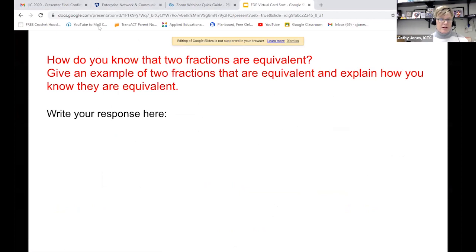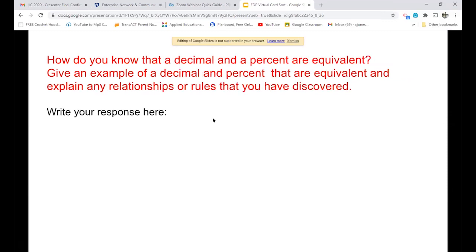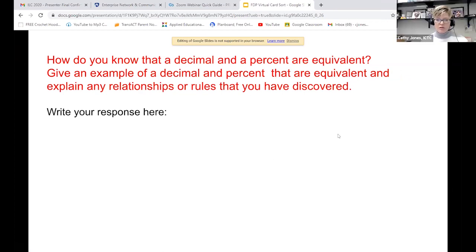The next slide in the Google presentation would try to get them to realize the different rules you would use to know that two fractions are equivalent, and get them to explain. And then also decimals and percentages. So we can do those card sorts virtually on Google Slides.